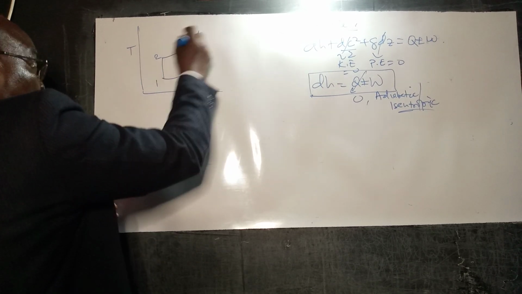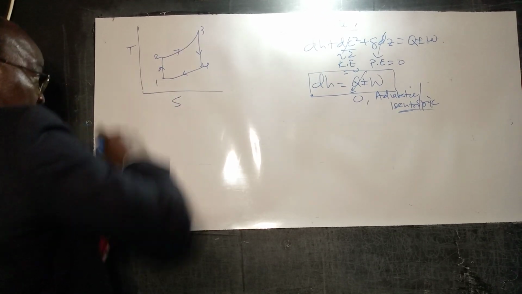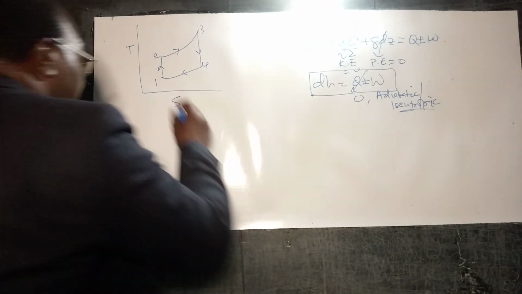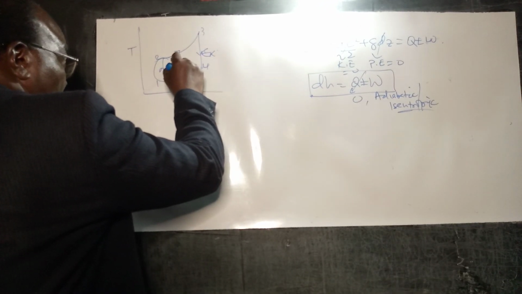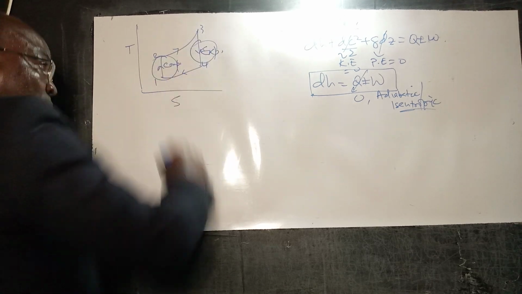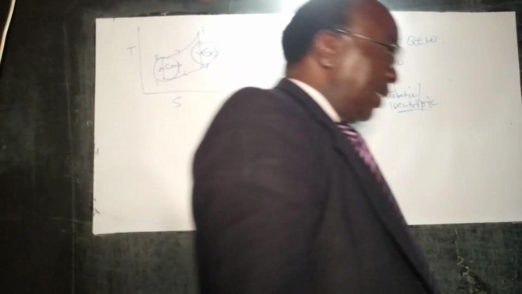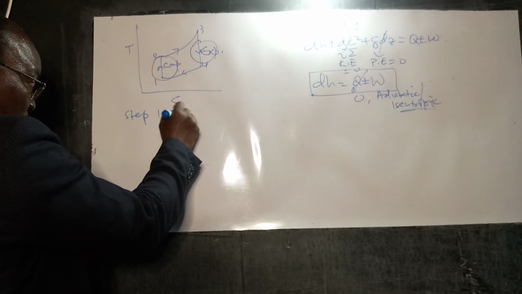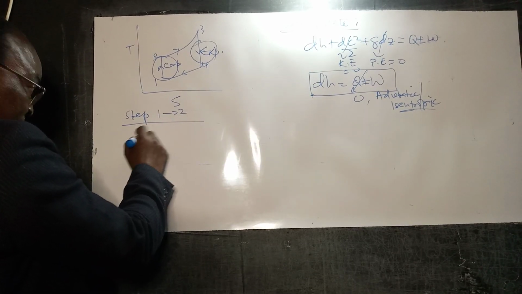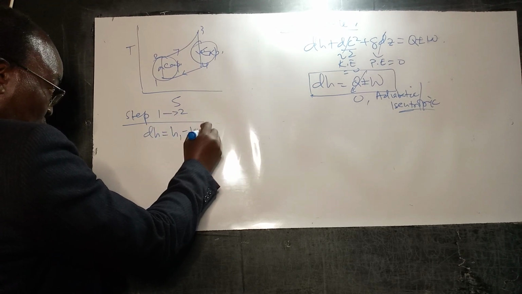1, 2, 3, 4: 1 to 2, 2 to 3, 3 to 4, 4 to 1. If we compute our work for the compression and for the expansion, then based on this expression here, we can see that for step 1 to 2, we have dH is H1 minus H2.